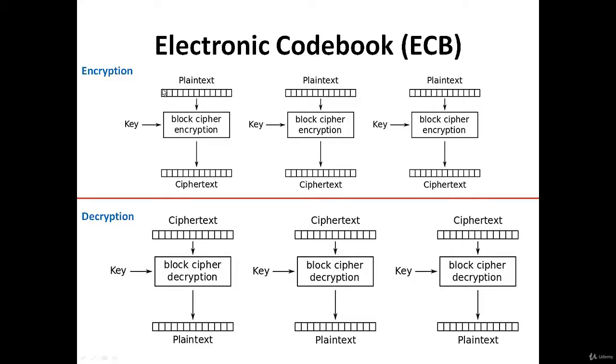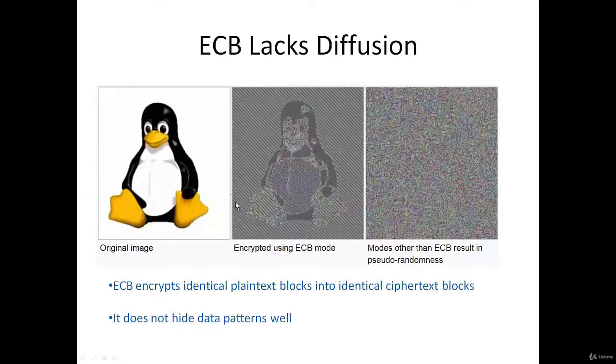Say the value here is x and the value here is also x, so the same ciphertext will be generated. That's why the patterns are visible and diffusion doesn't occur. Whereas if any other mode of encryption is used, we get perfect randomness. As you can see, the entire screen is composed of RGB values, and it's total noise. Whereas here the noise is not generated because the pattern still remains.